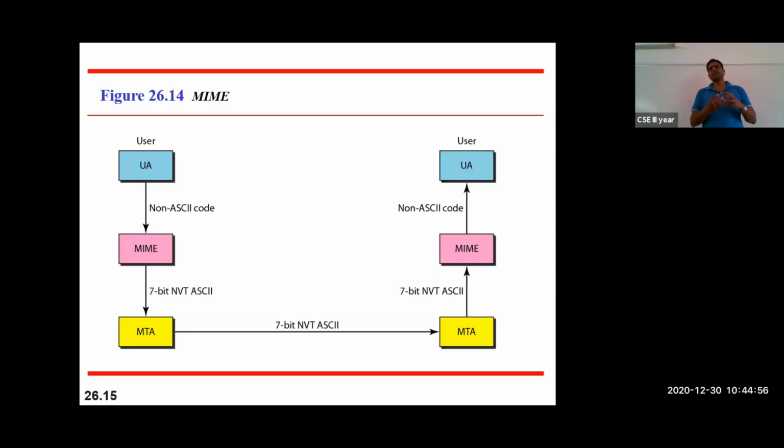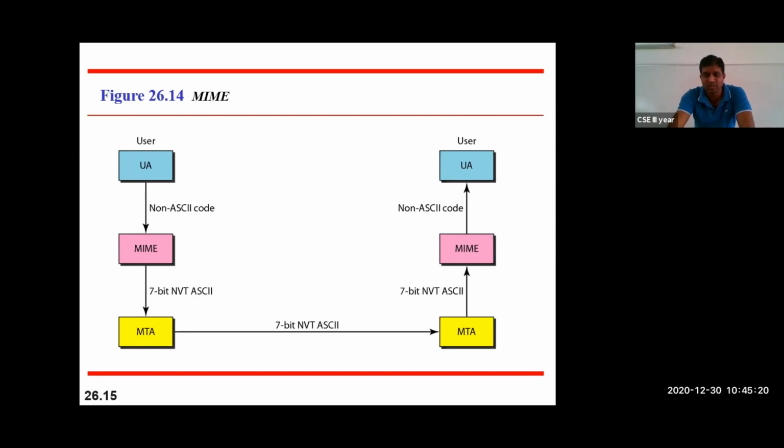That will take a non-ASCII code. What is the difference between an ASCII code and a non-ASCII code? Simple. 7-bit ASCII code especially will strictly accept each character converted into a 7-bit representation format, isn't it? But if I have to send images, if I have to send too many things over the mail, I can send a video.